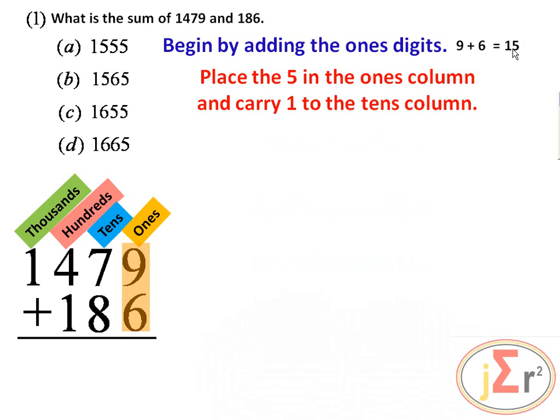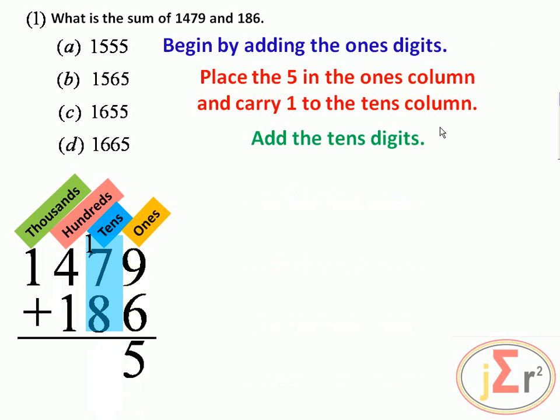And we know that when we are adding, the ones digit is retained in the present place value, and the tens digit is carried to the place value of greater significance. So let us add those. We have 1 plus 7 plus 8, and that is equal to 16.